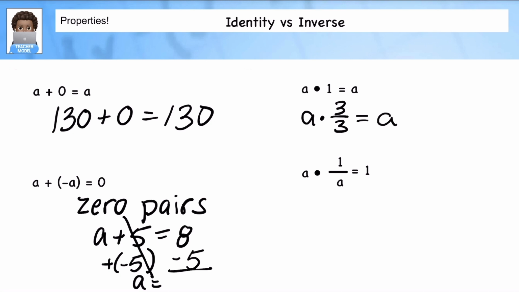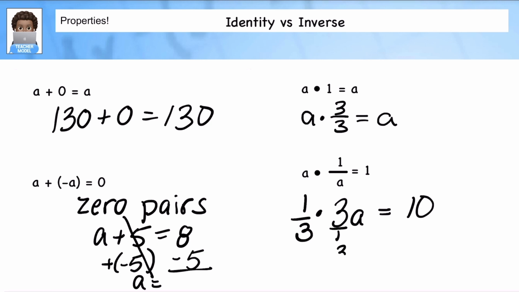So again, you might be thinking, Sarah, why do I need to know this? Well, let's say I have 3a is equal to 10. I want this to just be 1a. So I can multiply by its reciprocal, 1/3. Now this goes away.